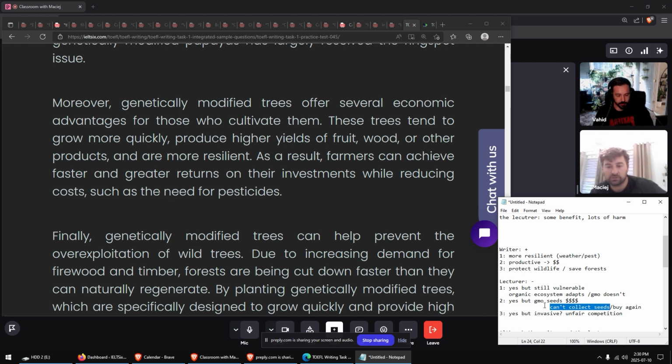Because we cannot collect the seeds from the GMOs, so we have to buy them again. So the income will not be as high as the writer says. Or this thing may cancel out the savings that we had from the production.